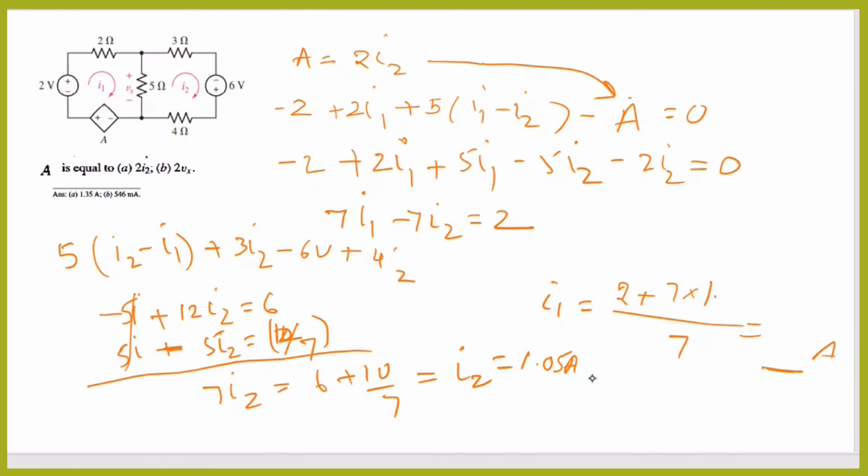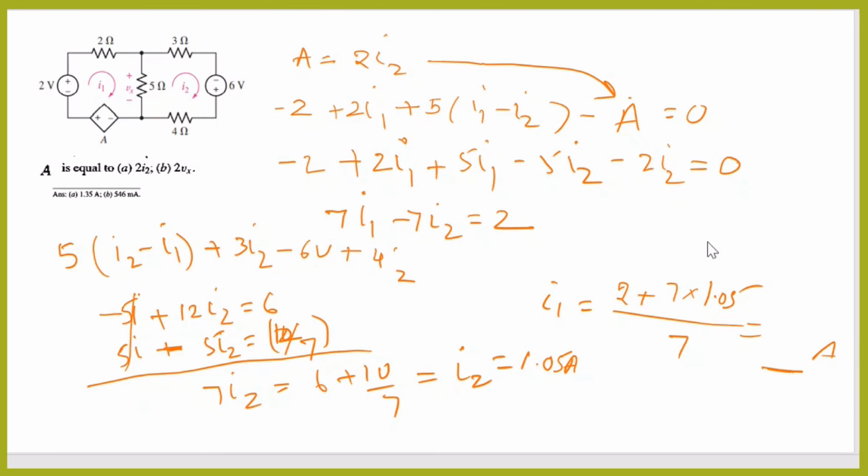So 1.05 into 7 is almost 7.4, plus 2 is 9.42. 9.42 divided by 7 is 1.34.